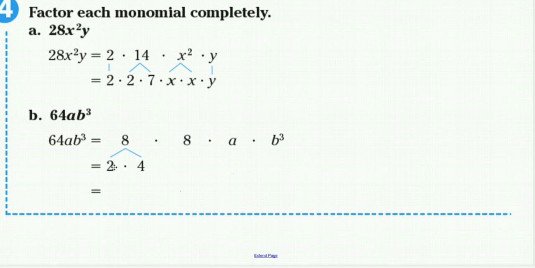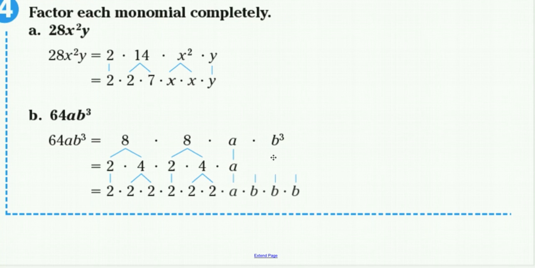Two factors of 8 are 2 and 4. We know that 2 is prime, so we bring down the 2. 4 is not, so we continue factoring 4 to become 2 and 2, and do the same for this other 4. And we simply bring down the a because there's only one a, and there are 3 b's. So we expand b cubed to become b times b times b, and this is how you factor 64ab cubed completely.